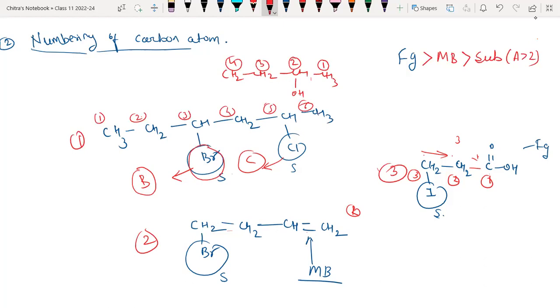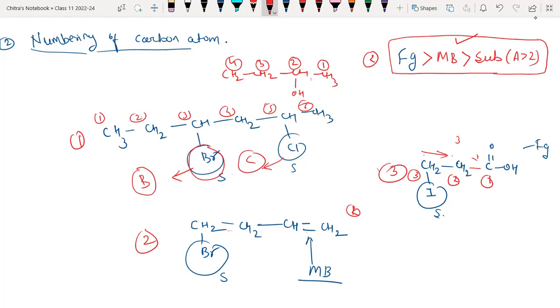So this is the way you have to number the carbon atom. For numbering carbon atoms, we have a second formula. Functional group is greater than multiple bonding. Multiple bonding is greater than substitution, and then alphabetical order. So for numbering, you have to use that formula. It is also called the rule for minimum.